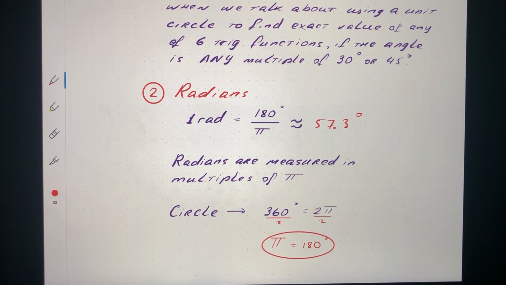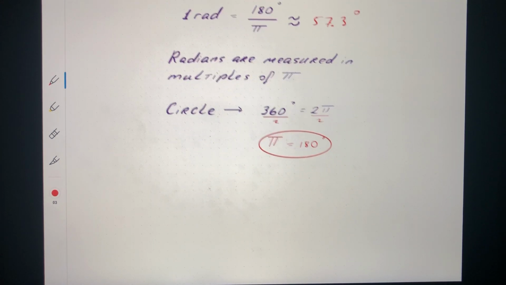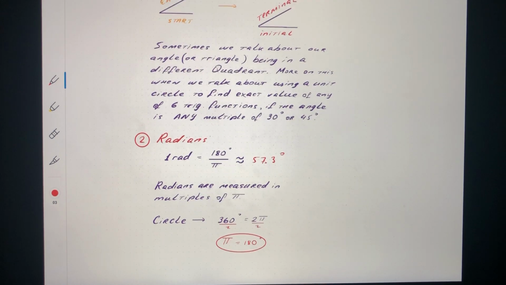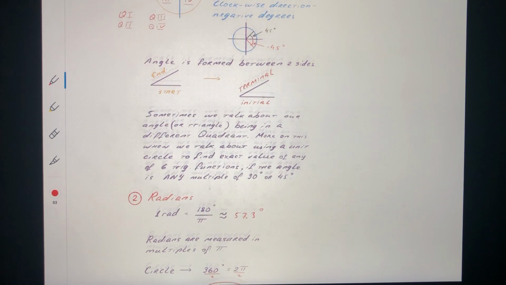That's a very key fact that we will have to use many times during the trigonometry class. In the next video, we will look at how to convert between degrees and radians, but for now, we'll just know that there are two ways to measure angles, radians and degrees. And this is it for the ways of measuring the angle.